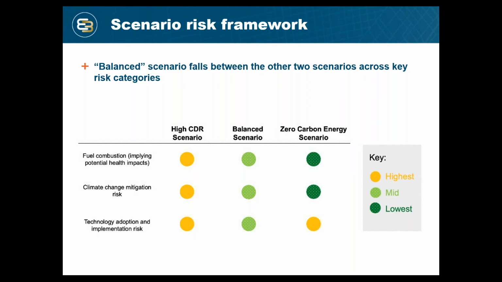Greenhouse gas mitigation risk is, I think, one of those important factors to consider when we're looking at trade-offs between scenarios. But so is fuel combustion because of its impact on human health and air quality in particular. Likewise, technology adoption and implementation risk is important.